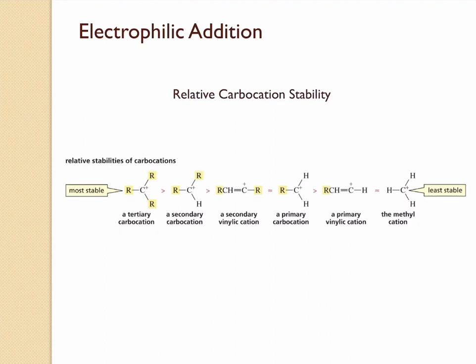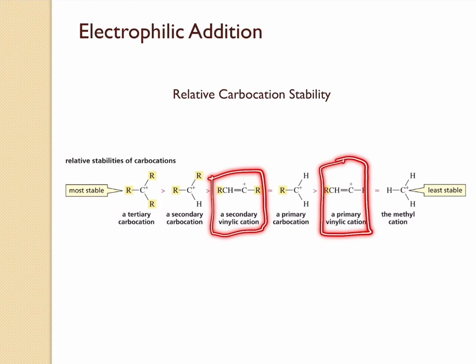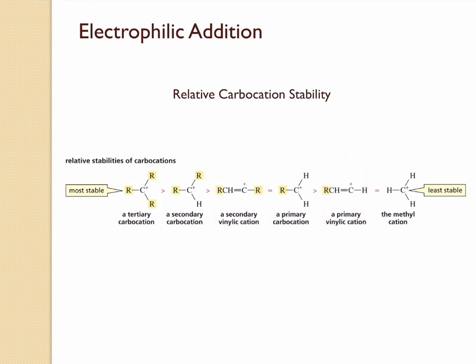Here are the relative stabilities of the different carbocations. We know that the tertiary carbocation is more stable compared to the secondary and primary carbocation. But what about the vinylic carbocation? Vinylic carbocations are less stable than the tertiary carbocation. We know that a primary carbocation is too unstable to be formed.